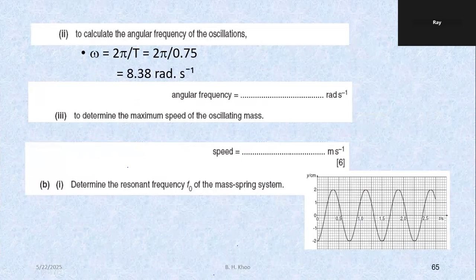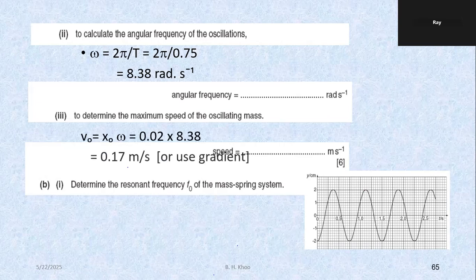Determine the maximum speed of the oscillating mass. How to do that? Maximum speed. Remember your circular motion, no? V naught equals R omega. Or another way is to use gradient.